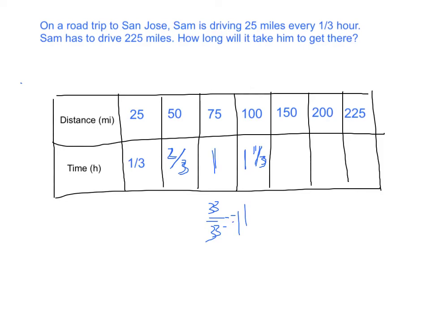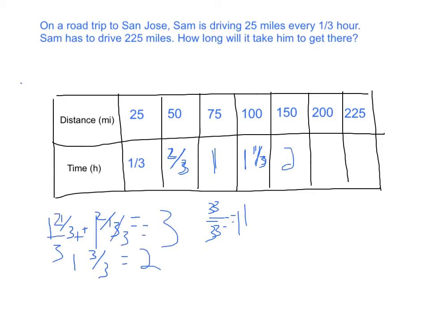So it's really just 1 1/3 plus 2/3. And 1 1/3 plus 2/3, I'm just going to add my fractions together. 1/3 plus 2/3 is 3/3. I'm going to keep the whole number. So I have 1 3/3, but 3/3 is just 1, so this is really kind of like 1 plus 1, which is 2. So it's actually going to be 2 hours.